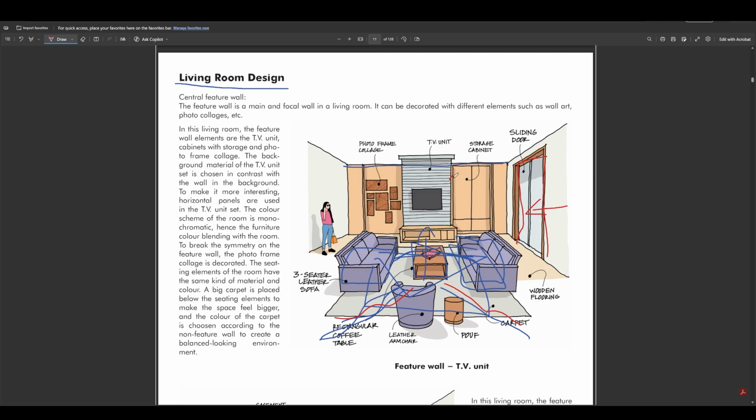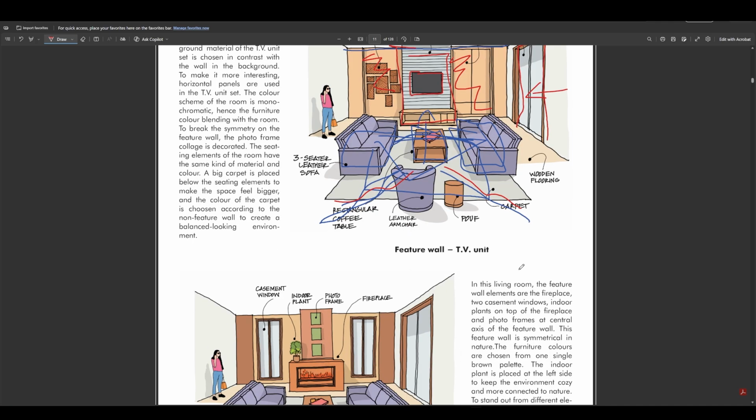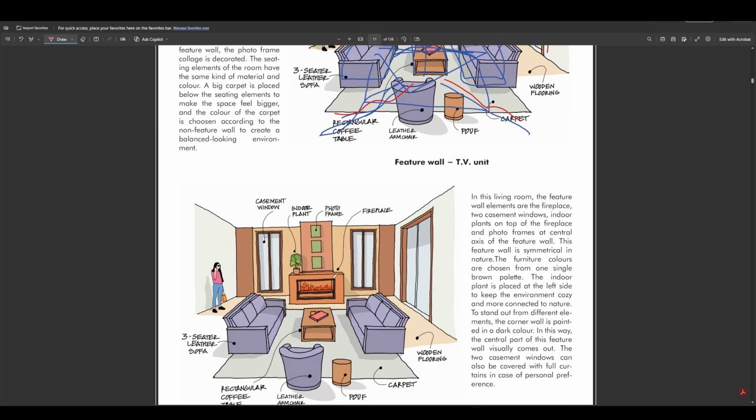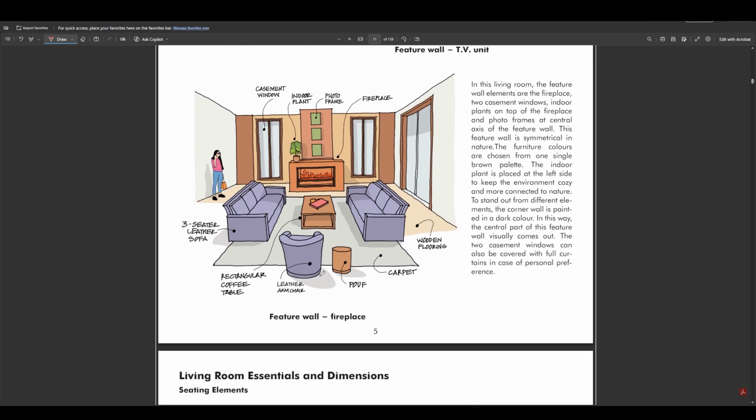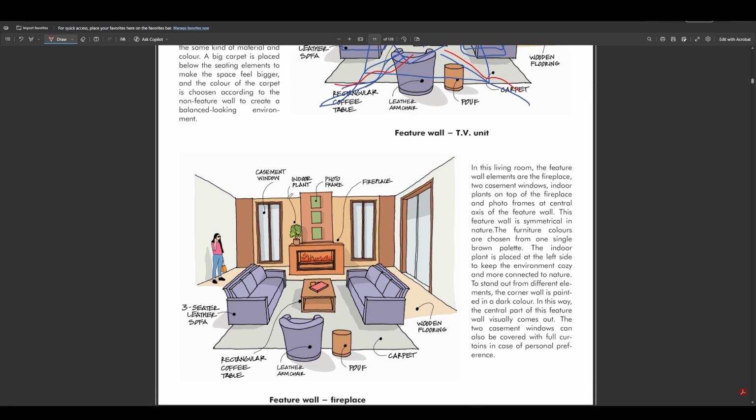These are the storage units, and these are the photo frames. So this is a TV unit. Okay, the size can vary, of course. It's not necessary that a living room always has a TV unit.